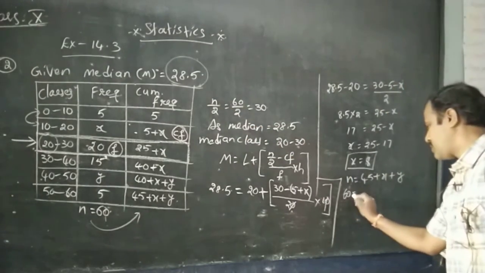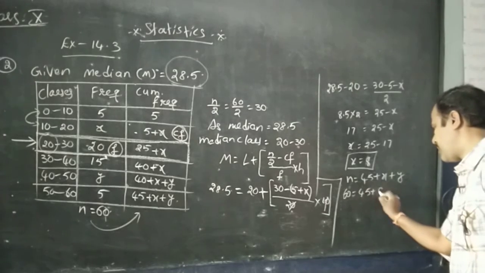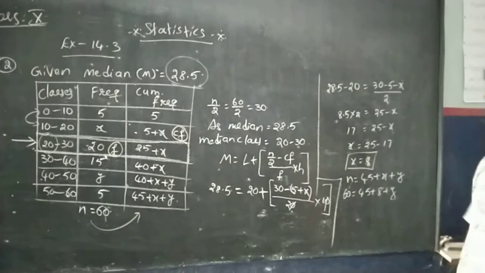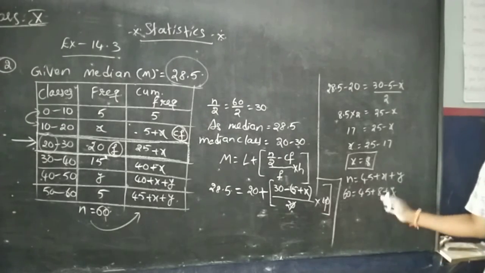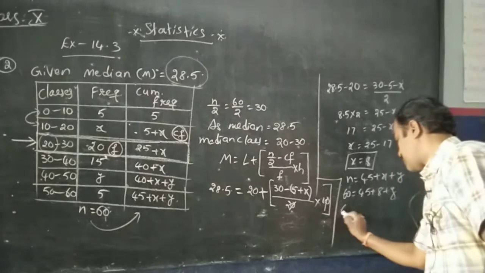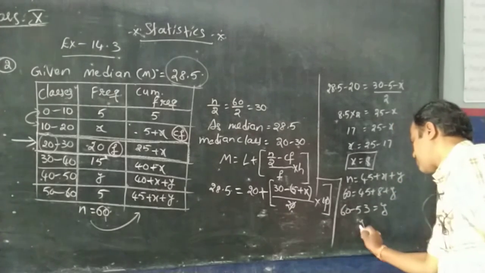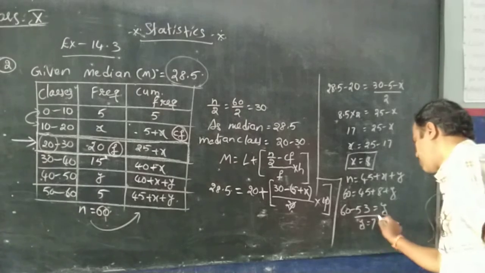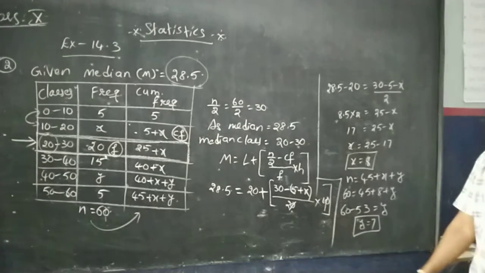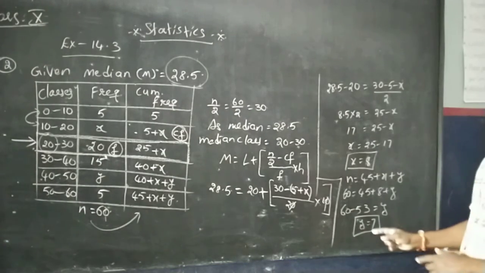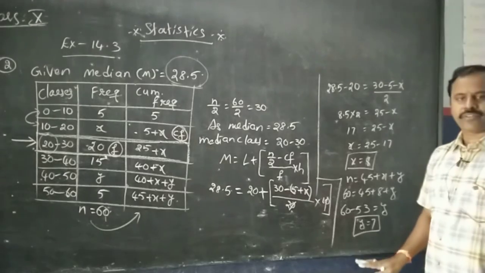We take 60 is equal to 45 plus 8 plus y. 45 plus 8 is 53. Transpose: 60 minus 53 is equal to y, hence y is equal to 7. Did you understand, everybody? y is equal to 7.